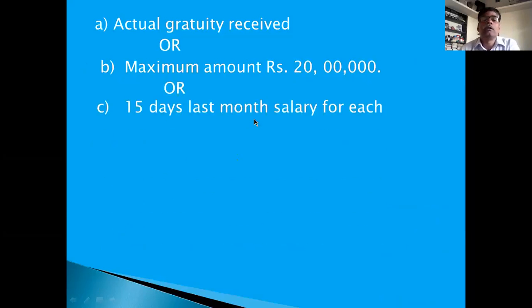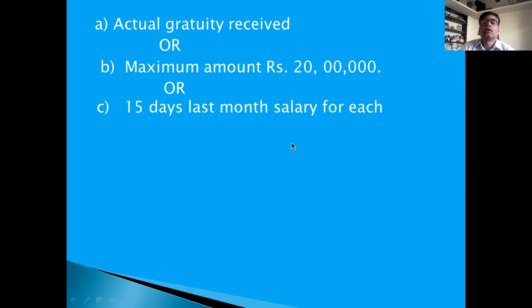I already explained, 15 days salary means you have to take the last month's salary before his service ends: last month's salary into 15 divided by 26, you get one day's salary, and multiply by the number of completed years of service.